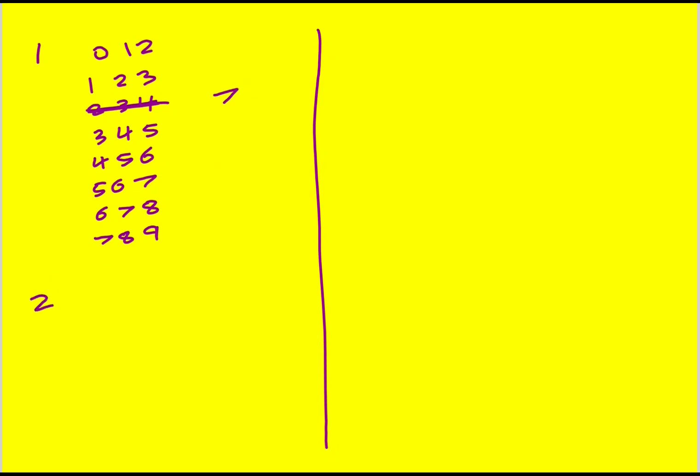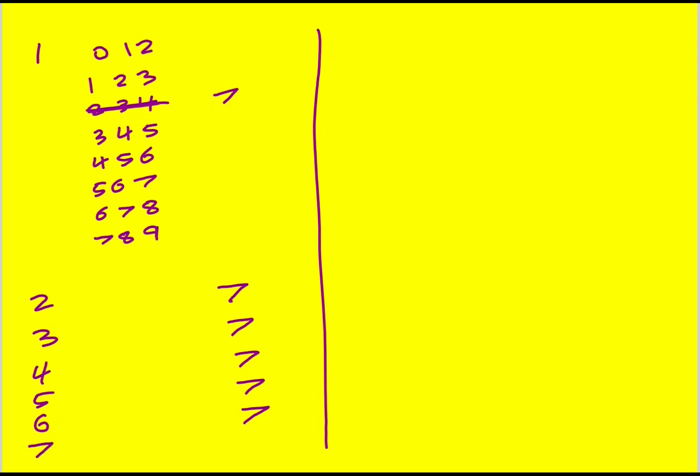If I start with a 2, then I could use all of these except the 3, 4, 5. So again, there's going to be 7 ways. If I start with the 3, it's going to be 7 ways. Everything apart from the 4, 5, 6 would work. We can just keep going with that. With 6, I can't use the 7, 8, 9.